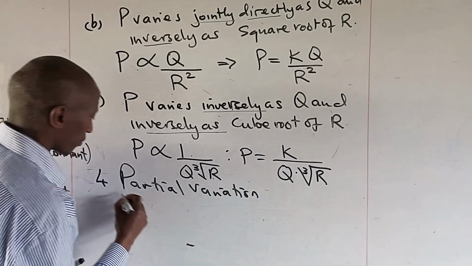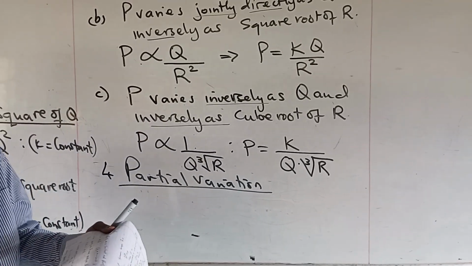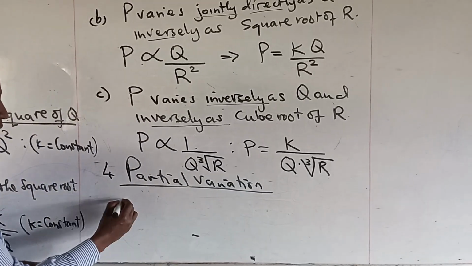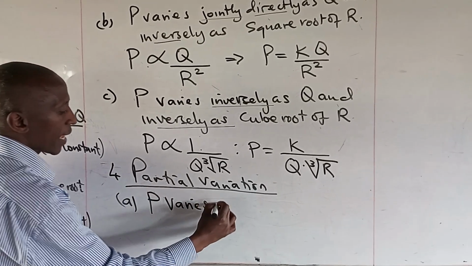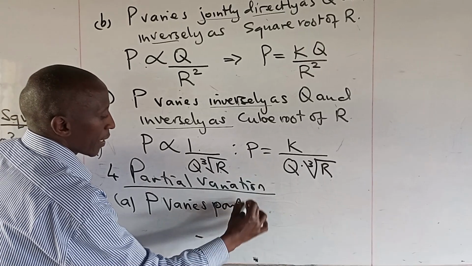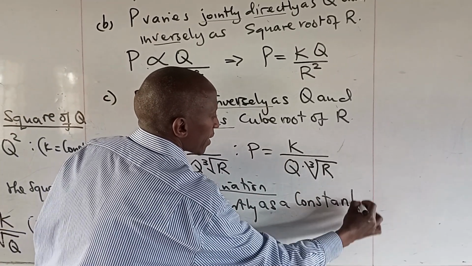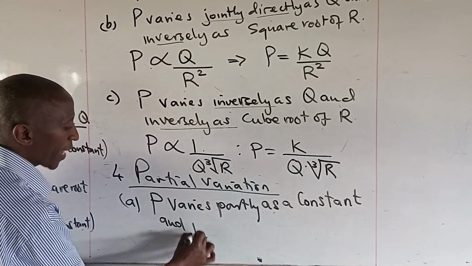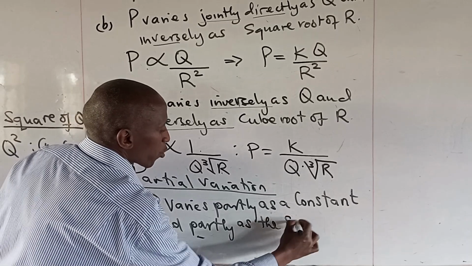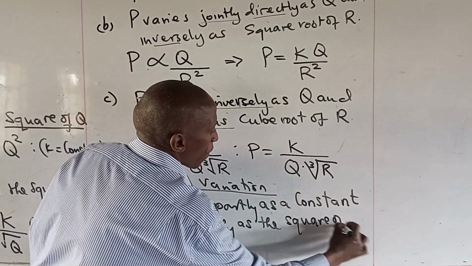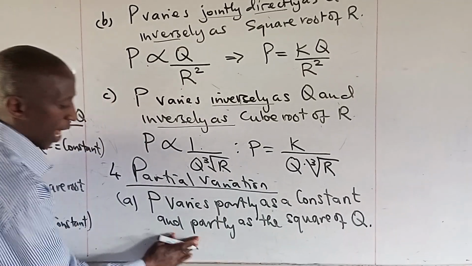In partial variation, we have 4 different scenarios whereby A, we can have a quantity P varies partly as a constant, and partly as the square of Q. How do we put this one down? How do we write this one?